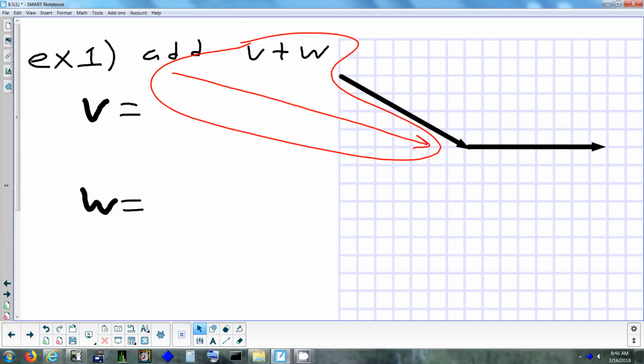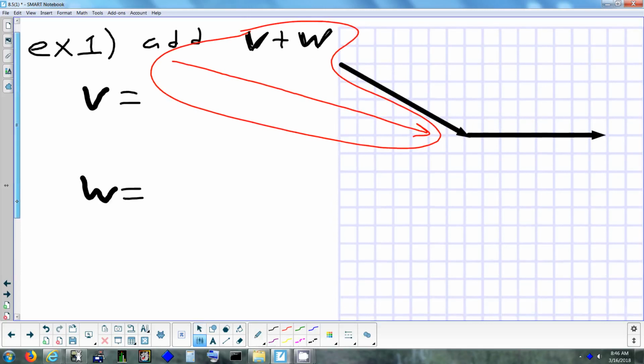That's v plus w. And just pretend these are bold. You don't have to separate it off the picture when you're done. I just moved it so you could see the answer. So the answers to these kind of problems are a drawing. They're a sketch. Questions on that one?